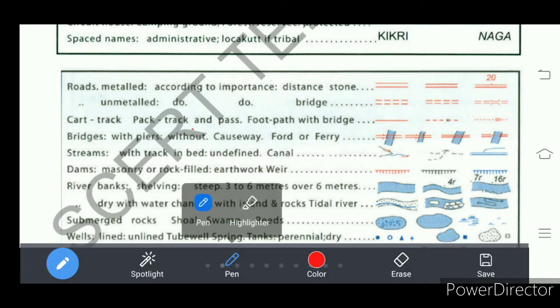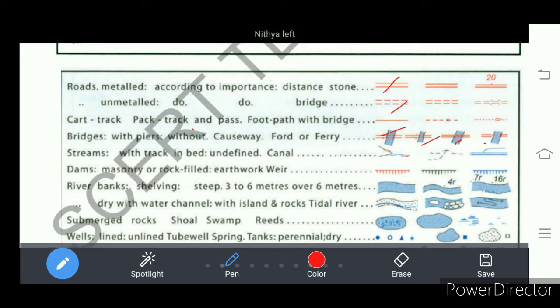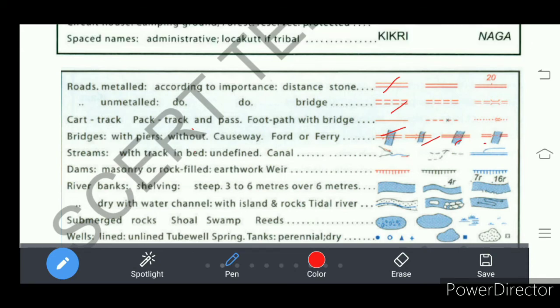Roads: how are roads represented here? Look here, metalled roads are given here. Understand? Unmetalled roads are given here with small red dots. Bridges are given here. Streams and rivers are given here. Dams are given. You see that here.